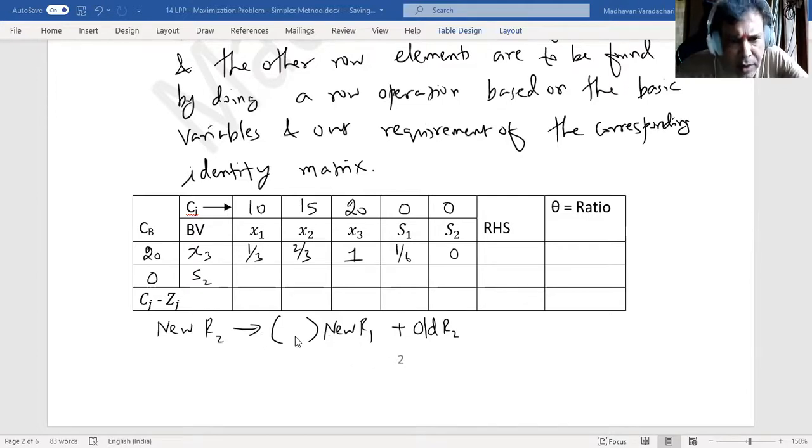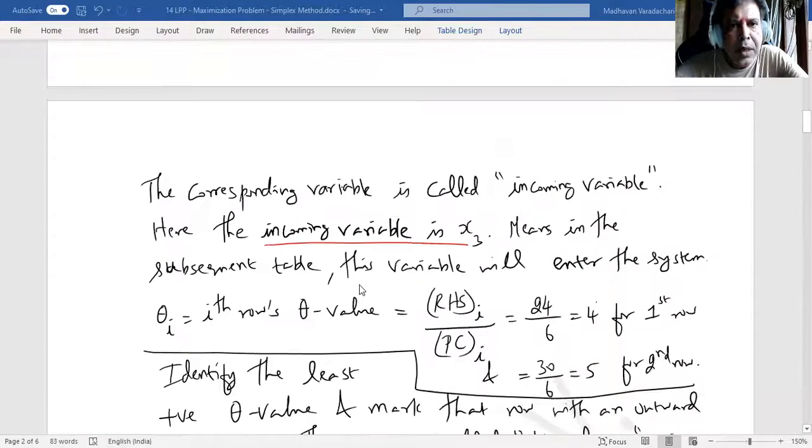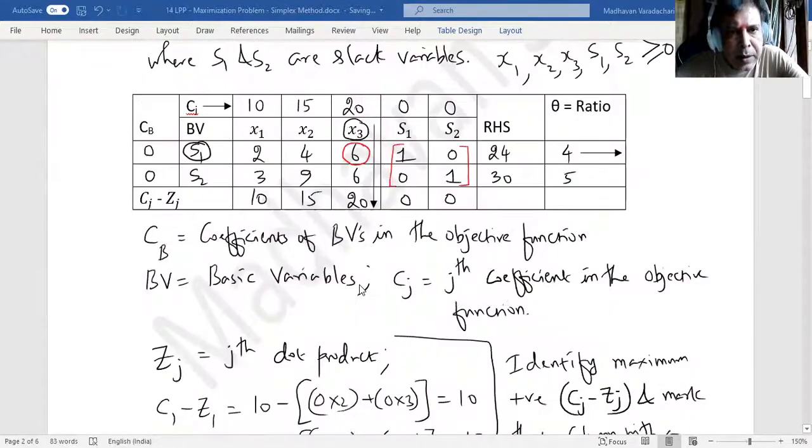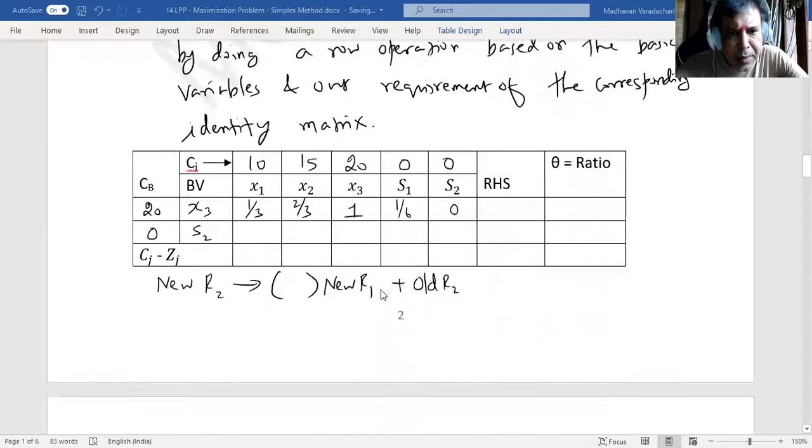Now, what is that number to be multiplied with the new row 1? For that, go back to this position, which is second row and third column. See what is the number over there. Second row, third column, it is 6. So we just take the opposite sign of it. Here we have to write -6.